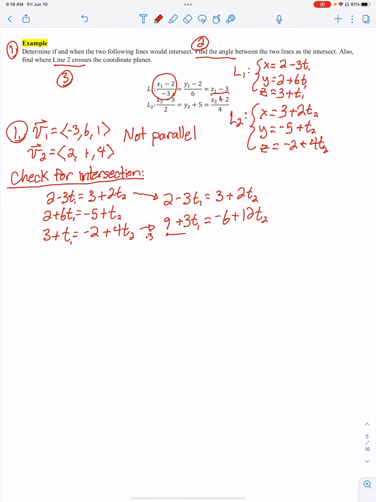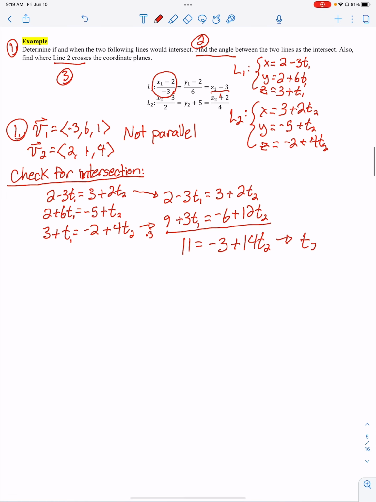All right, I did that so the t1s would go away. I add my equations. All right, there's that equation. Now I can solve for t2. t2 ends up being 1. Now I plug that into my other equations. 2 minus 3, I plug in 1, equals 3 plus 2t2.